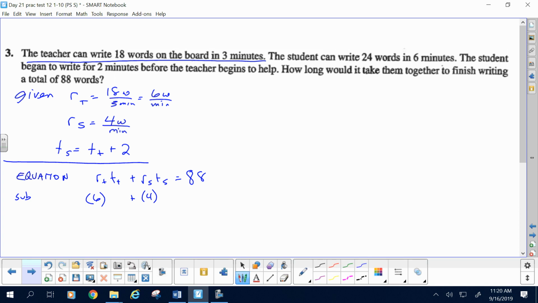In place of time student, I plug in time teacher plus 2. So this time teacher with the 6 stays. But in place of time student, I replace it with time teacher plus 2, yeah? Alright? Now you have one equation, one unknown.